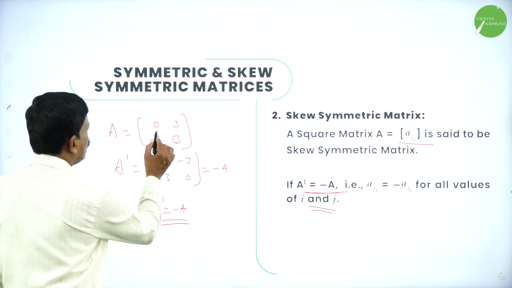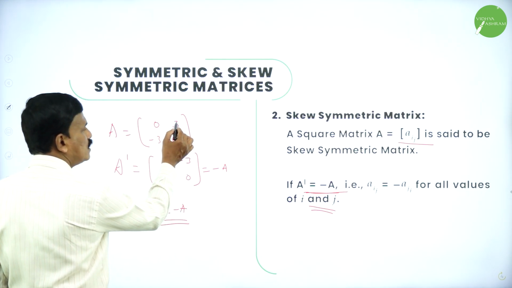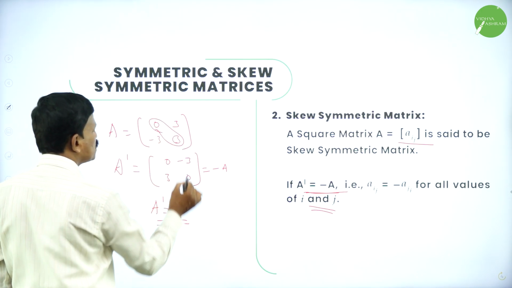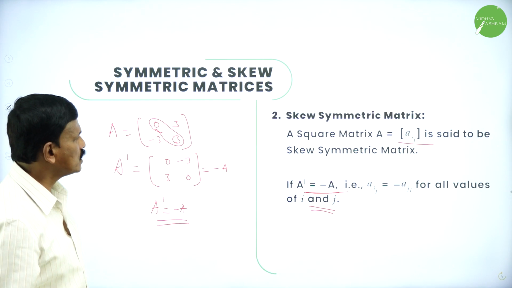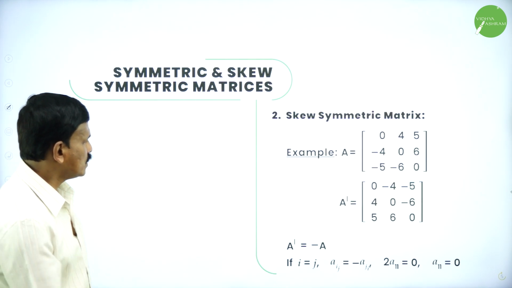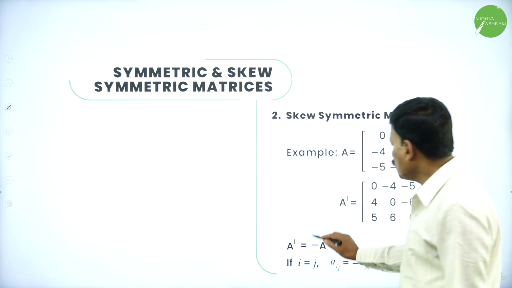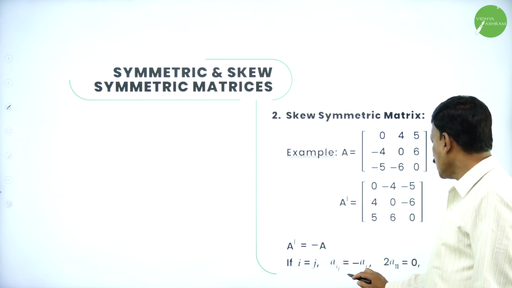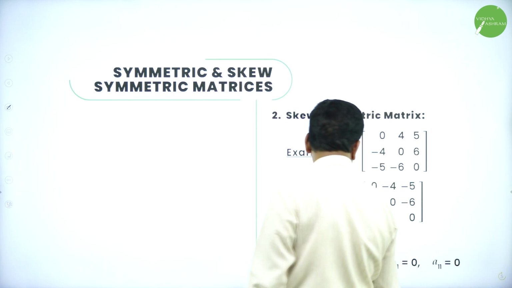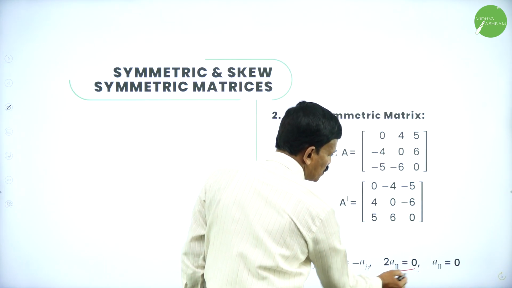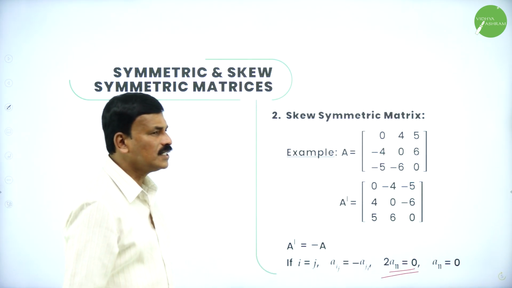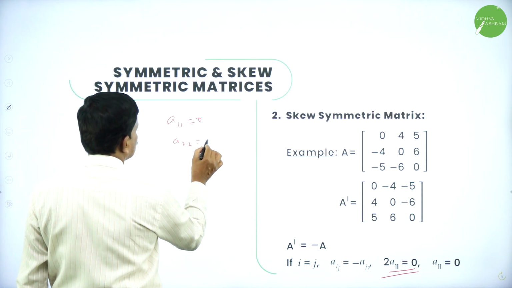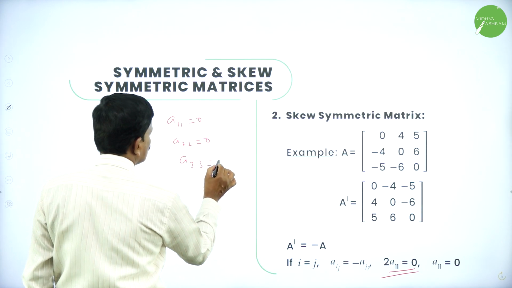So first of all, the elements above the principal diagonal are the same but opposite in sign, and the principal diagonal elements must be equal to 0. That is, for a skew symmetric matrix, A dash is equal to minus A. If i is equal to j, aij is equal to minus aji. Further, all the diagonal elements, that is a11 is equal to 0, a22 is equal to 0, a33 is equal to 0.